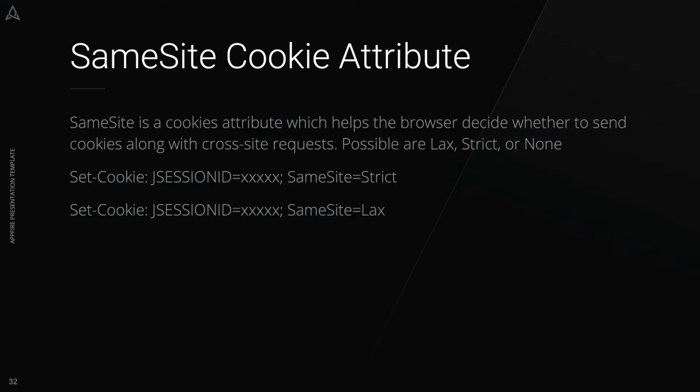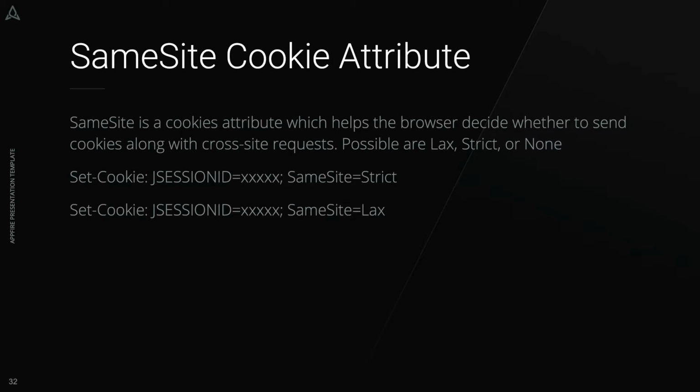That's how it works. Lax has the same behavior as the default, like we saw before: cookies will be sent. And there is also another option, None. None is even more relaxed than Lax. It lets you embed, for example, images from your resource, and again cookies will be sent, you will be authenticated. If an image can be received only if you are authenticated, you will still receive this image.